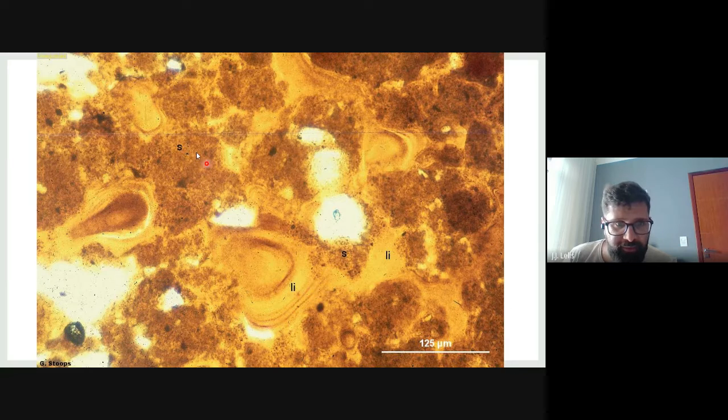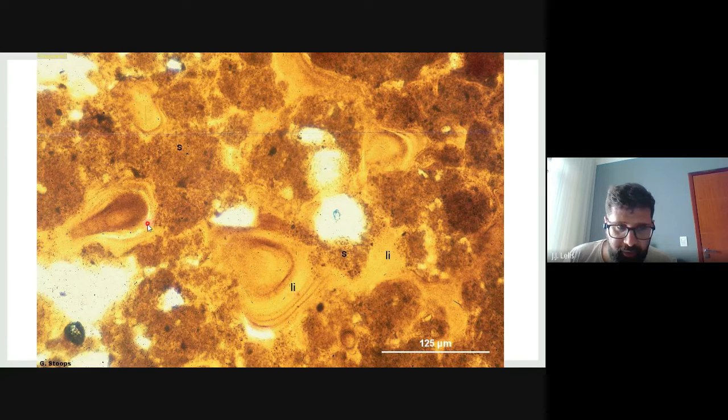And we can see in this area, this orange or red and yellow fabric. We have here the aggregates, the pads, and between these materials, these white colors and these orange regions, we have these areas that present a different fabric.